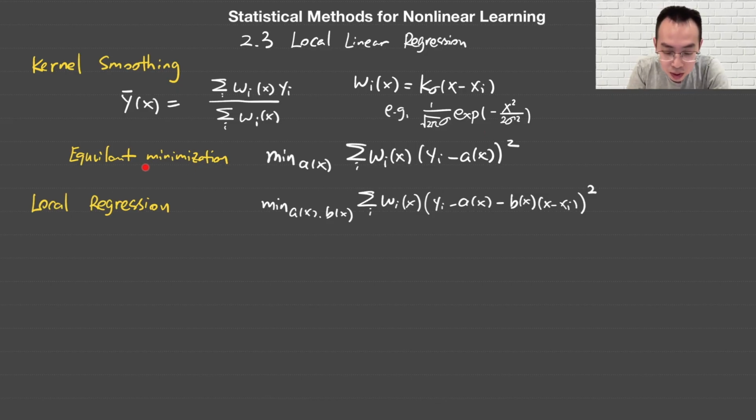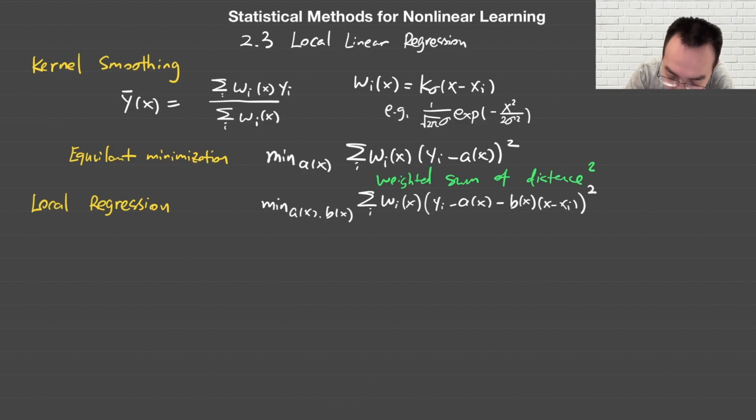The kernel smoothing can be interpreted as an optimization problem where the objective is the weighted square distance from the fitted value to the data points. So let me just write that down. This is the weighted sum of distance square.